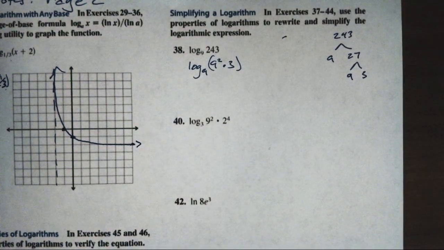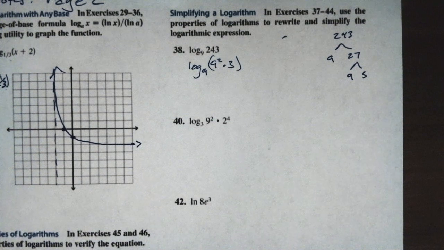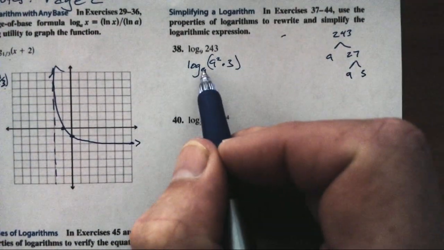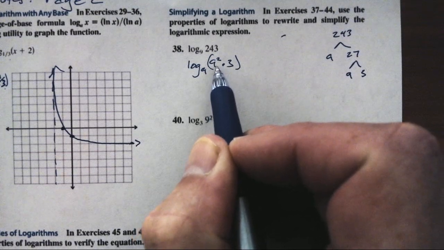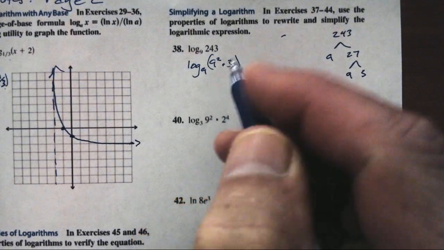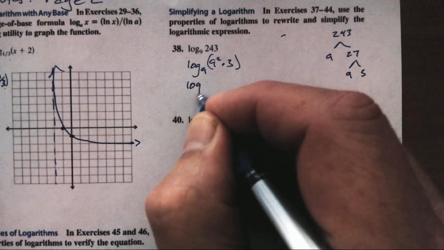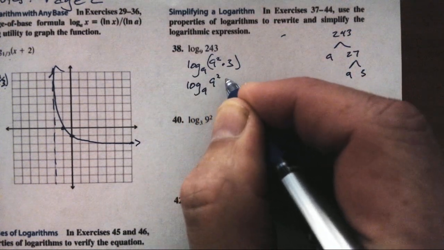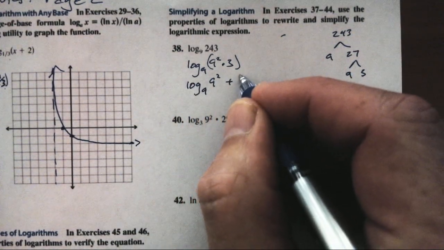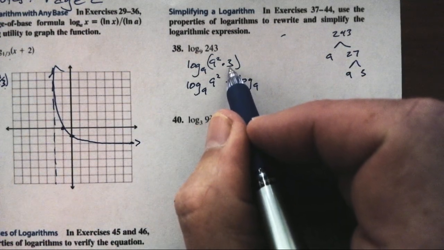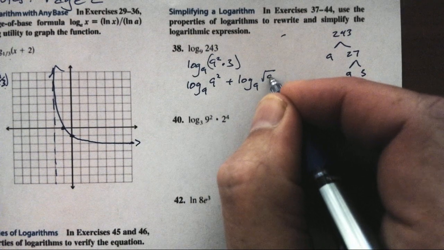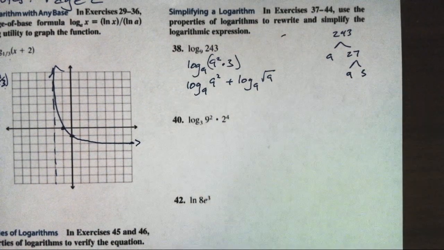And our properties that we went through in class yesterday, if you saw the first video, you saw those. We can take log of a product into log of the first factor plus log of the second factor. This could be log base 9 of 9 squared plus log base 9 of 3. But I'm going to change 3 into square root of 9 to get some compliance here.